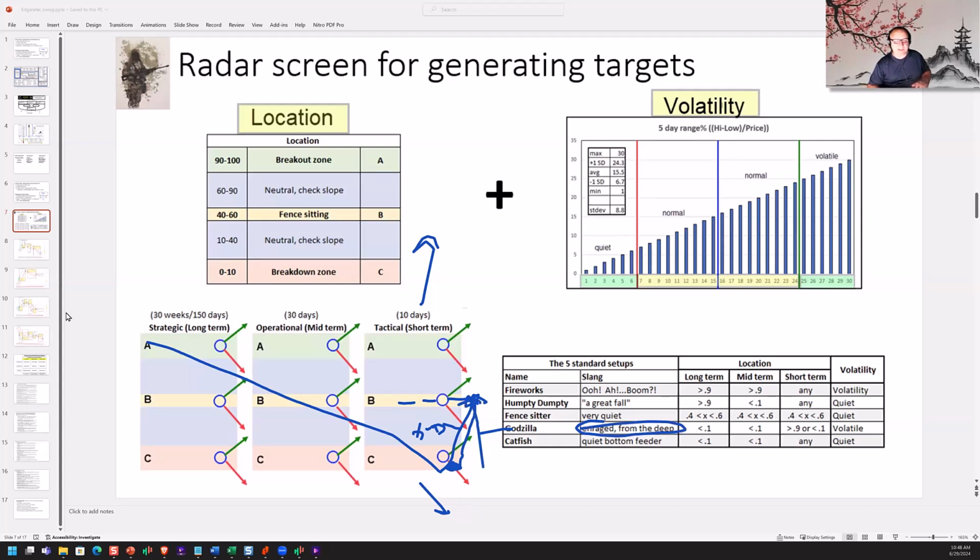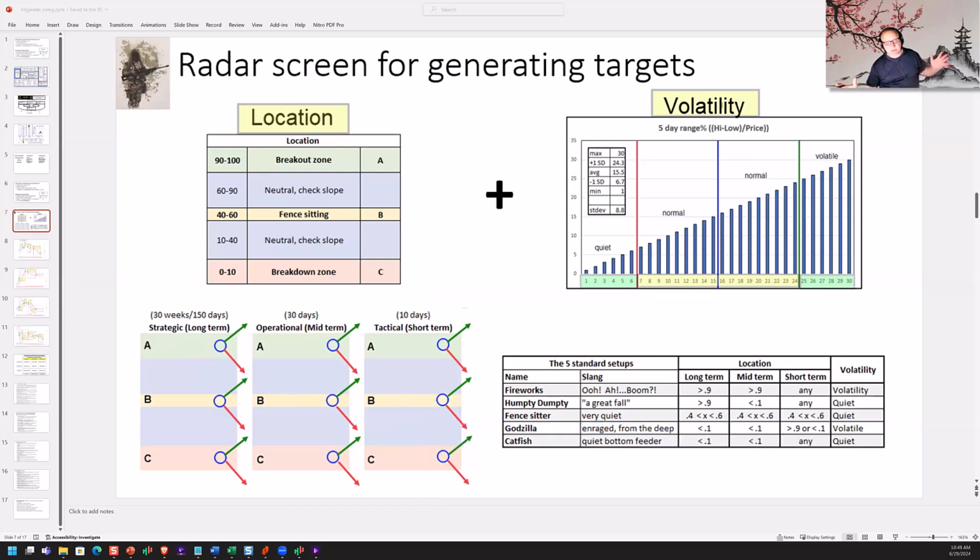Well, you don't have to get the whole thing. An explosive Godzilla move off the bottom pays for itself and all its children out until the seventh generation. Sometimes that thing has moved down to the bottom and is so quiet, like a big fat catfish just getting bigger and fatter.